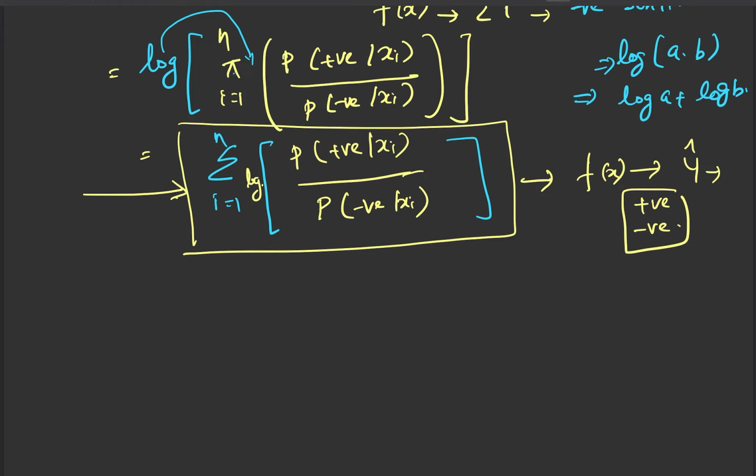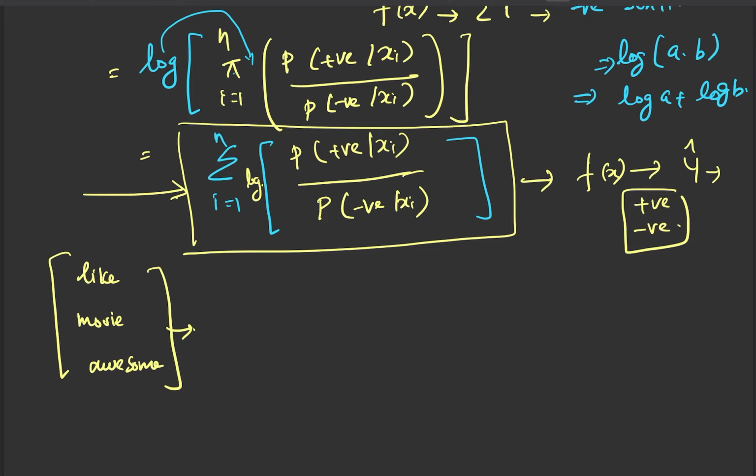For example, if I have a few words in my document or movie review, like, movie, awesome. We consider these three words. For these three words, what should I calculate?